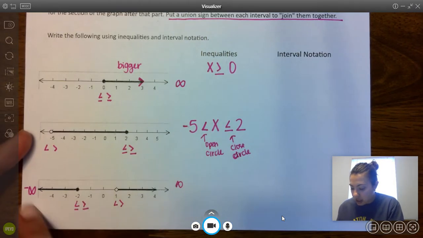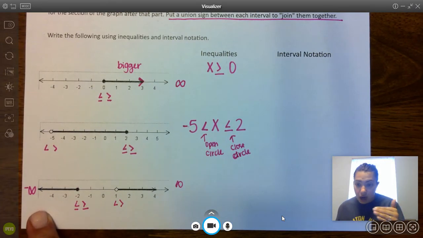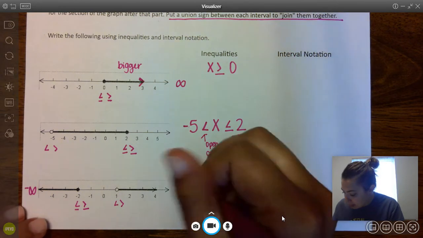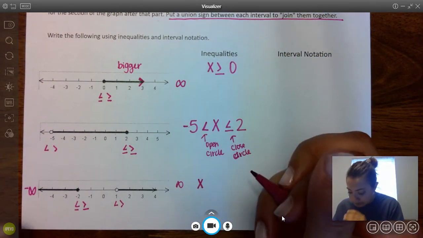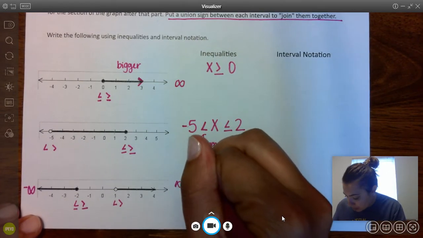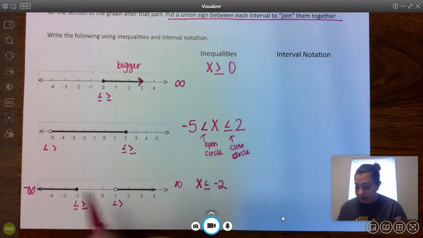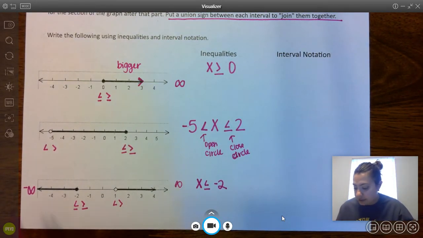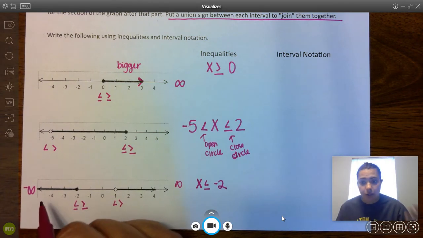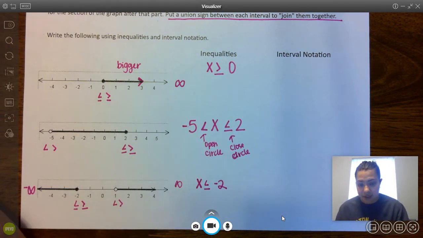If we're talking about just this first one on the left, if we're coming from negative infinity, we don't want to include negative infinity in the inequality. So we would simply just say that x is less than or equal to -2 because all of those x values get smaller. -3 is less than -2, -4 is less than -2, -6 is less than -2.